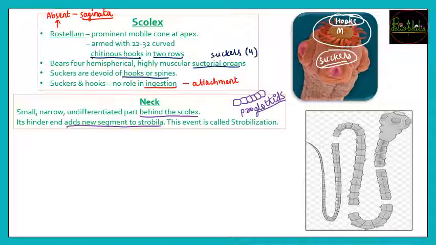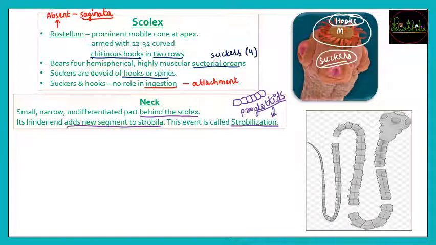So ये जो new proglottids formation होगा, that is going to be started or initiated at the neck region, and the process wherein the new segments or the new proglottids are added to the body, that is called strobilization. So addition of new proglottids or new segments is nothing but strobilization.